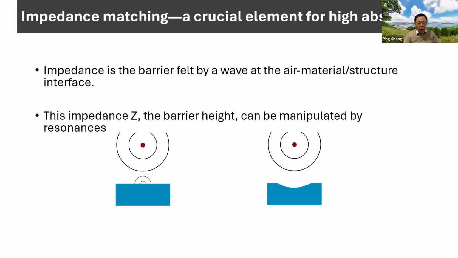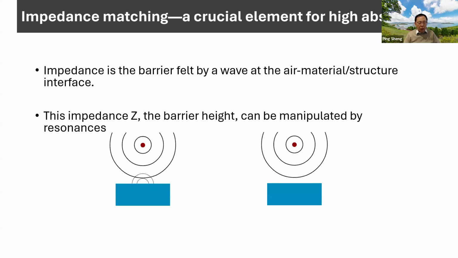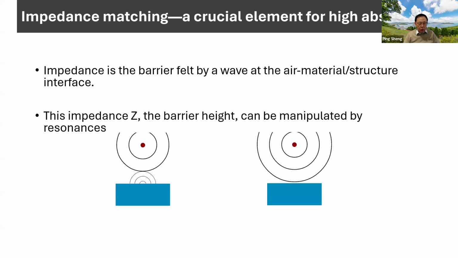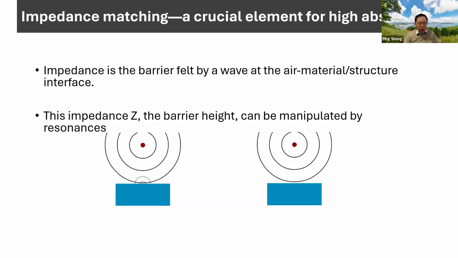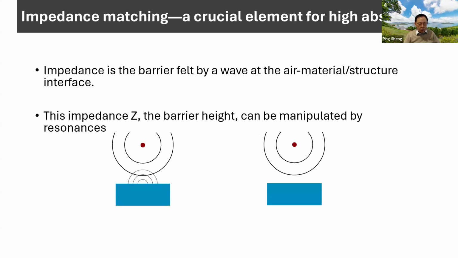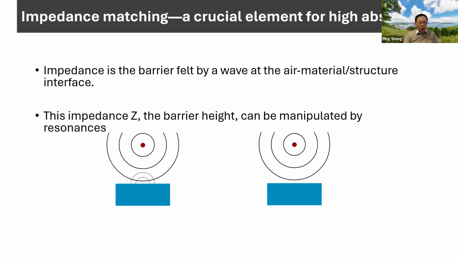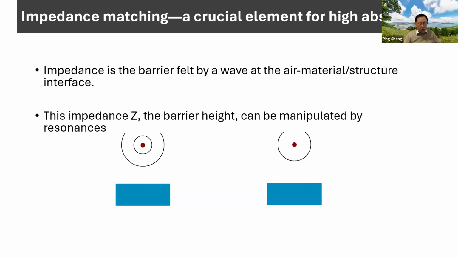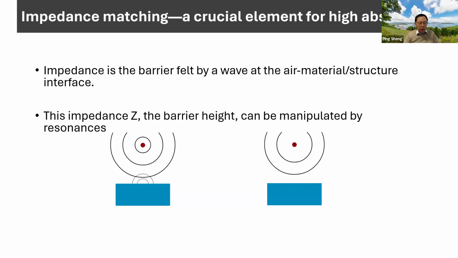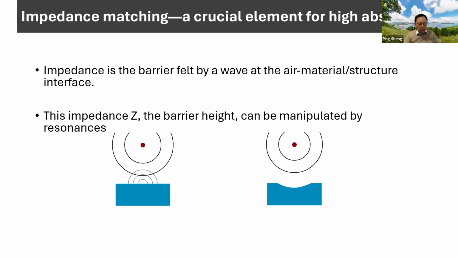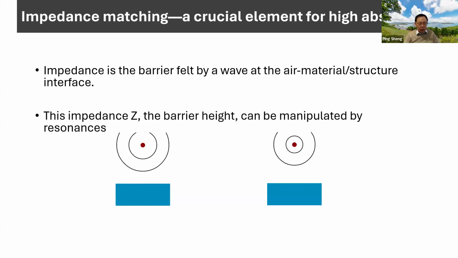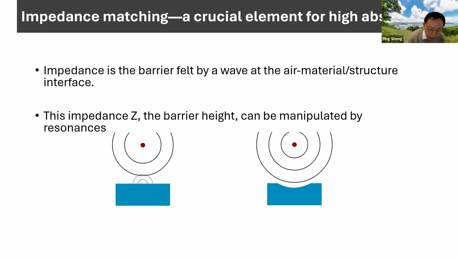So suppose you have a point source. On the left, you have a usual traditional material. It is incident on this material, and a little bit will penetrate, and a large amount will be reflected, like in a hard boundary.